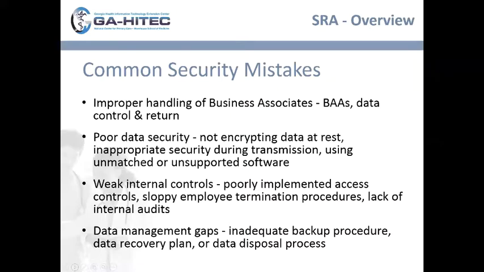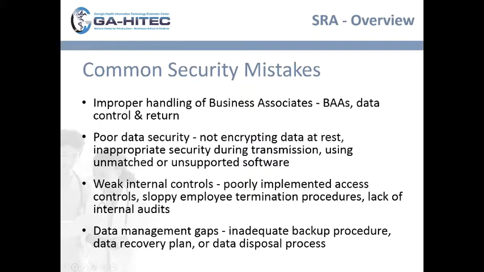So based on that list, some of the things I find are common security mistakes just generally is that providers aren't properly handling their business associates. We all know that a business associate is any vendor or service provider that has regular and routine access to your protected health information based on the services they're providing you.